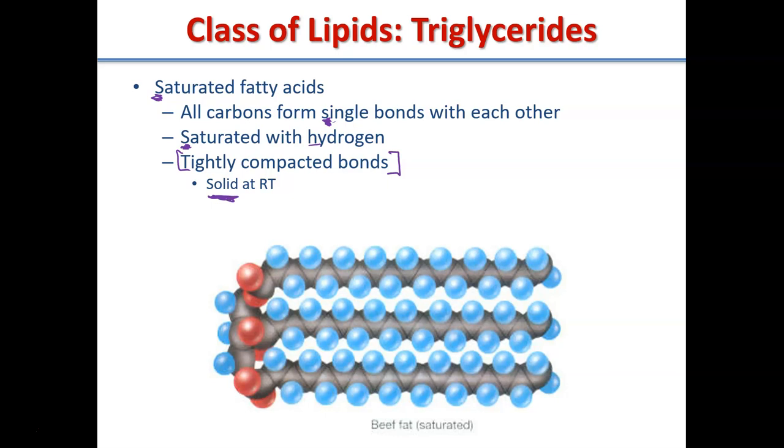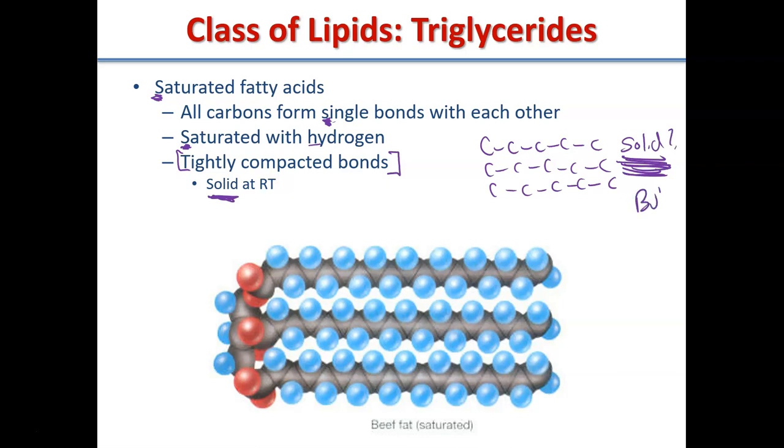So again, single bonds. Let's think about what single bonds will look like. You'll have a string of carbons here, string of carbons here, string of carbons here. Very easy to lay these on top of each other and form really tight bonds, such as a solid, right? Think butter.